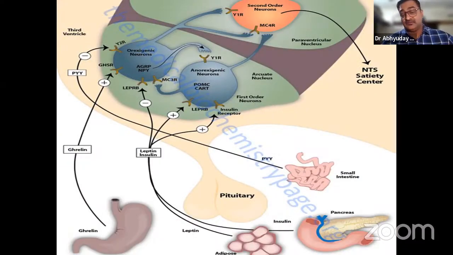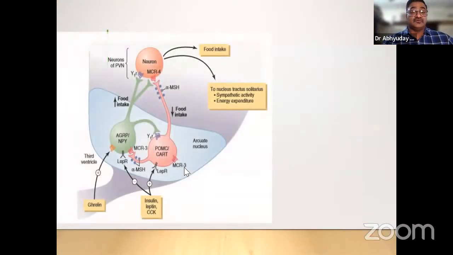And again, the same diagram you can see here: the leptin, and then it takes care of these anorexic neurons, POMC and CART, and then in the paraventricular nucleus, through melanocortin receptors, it takes care of satiety. Again, I won't go into detail. A lot of things are to be discussed here, but this is again the same representation of how food intake happens.